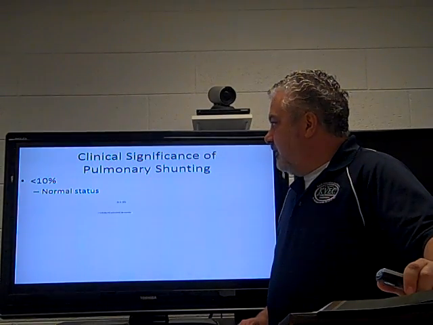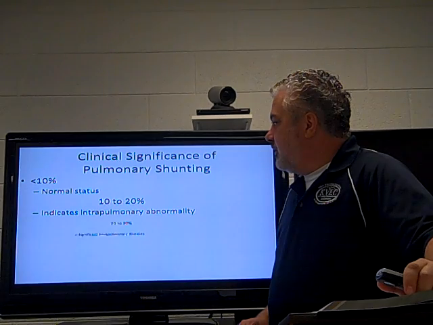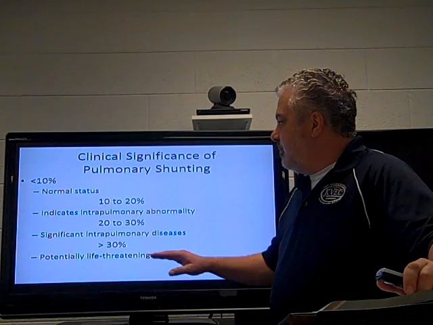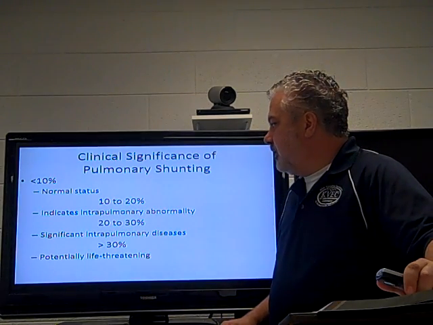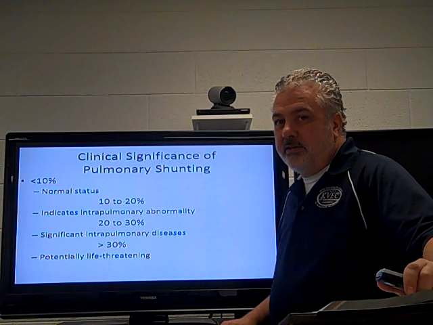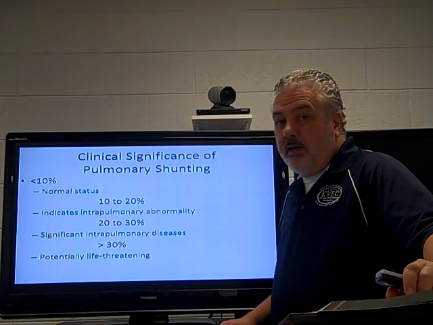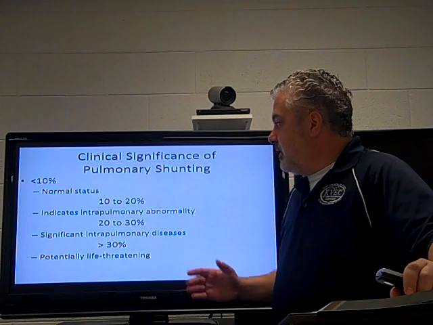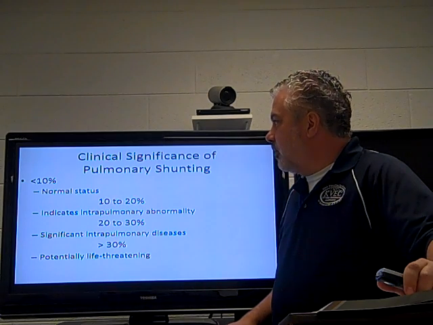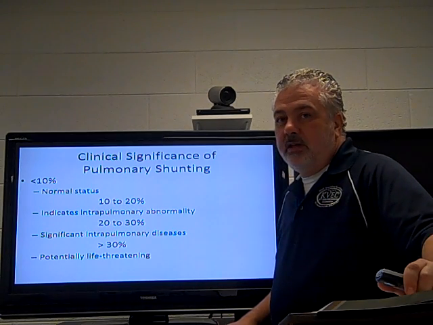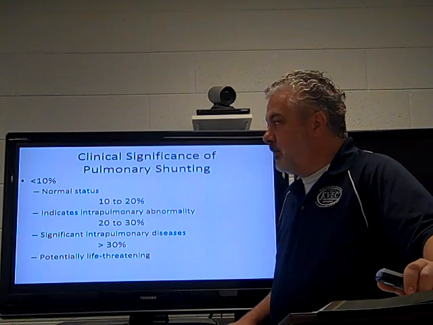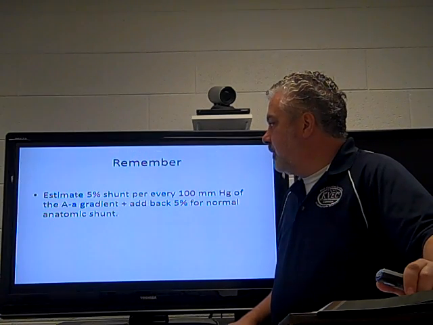All right, the significant levels here, make sure that you realize that basically any intrapulmonary shunting of 20% or greater is critical, and we said maybe up to 10% might be normal, but typically 2 to 5% is what we're going to be seeing for normal shunt.